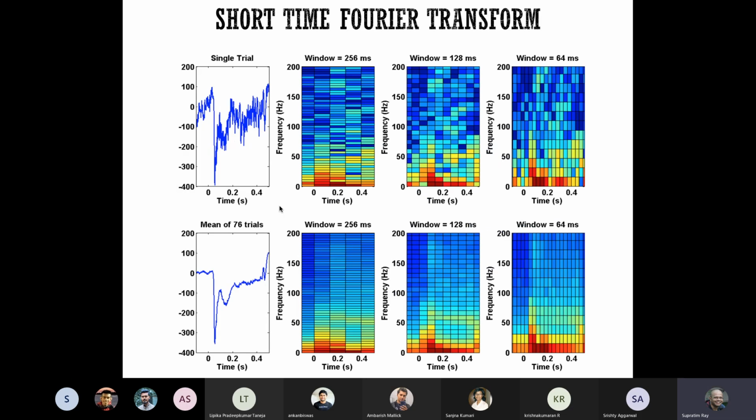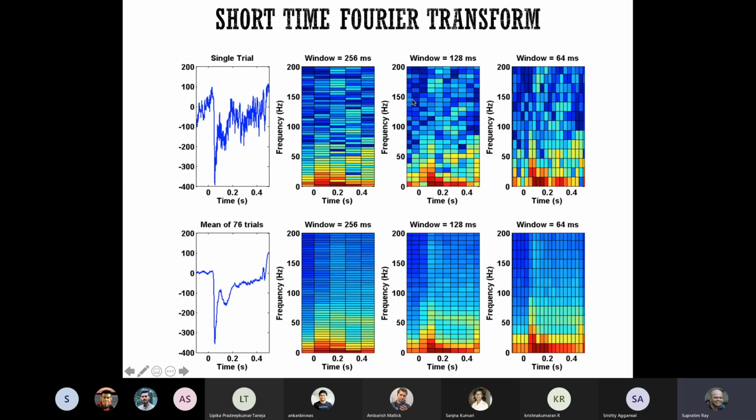So let's see what the short time Fourier transform looks like. This is my single trial, one LFP signal. Time 0 is when the stimulus comes on, then there is depolarization and so on. The stimulus is only on for 400 milliseconds in this case. This thing is the short time Fourier transform.